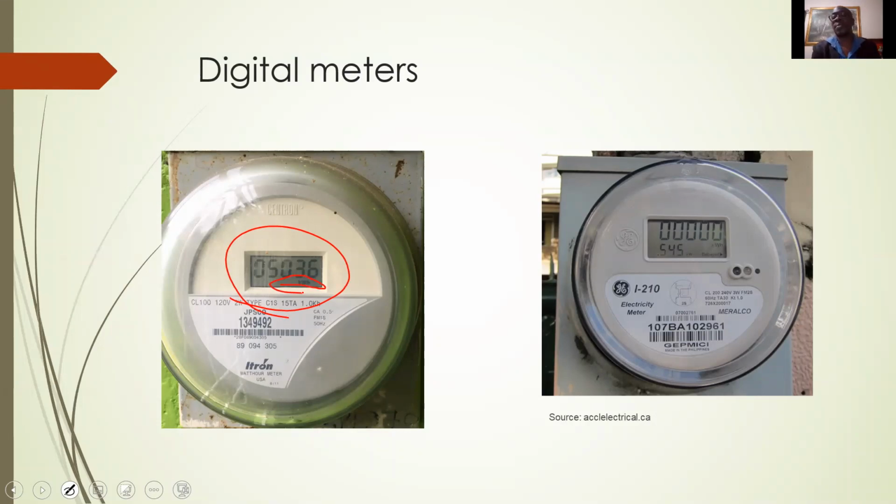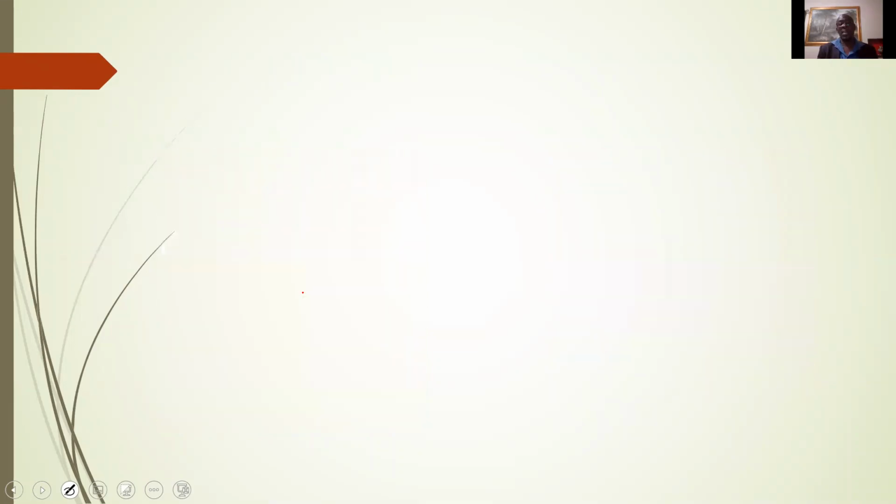Over here, we're seeing 0.545, and if you look carefully, you're seeing kilowatts. So one meter is showing the energy consumption, and the other is showing what is being used over time. One is giving a power reading.